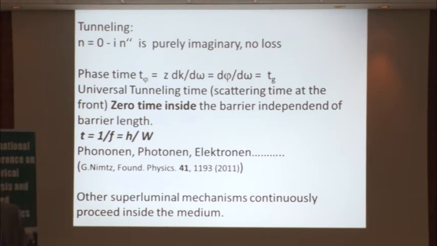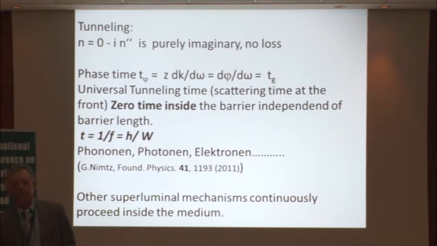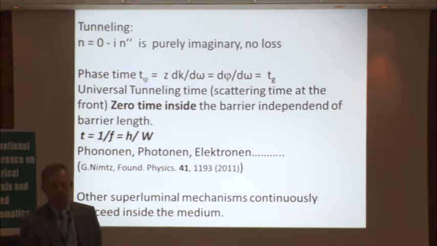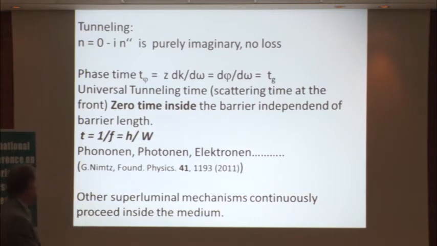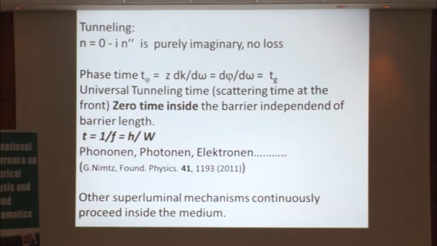For phonons, that's very interesting, the elastic particles have the same behavior. And recently, several papers were published in Nature and in Science that they have measured electron tunneling in zero time. That means, again, you have only a time which was predicted by Francis Lowe, for instance, by this relation.